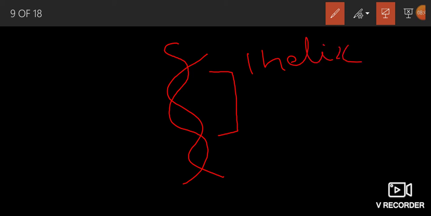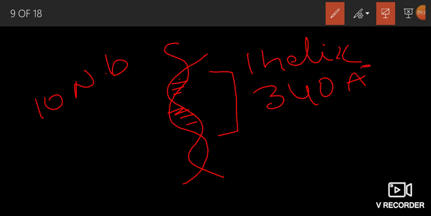This is the DNA helical structure. This is one helix. So each helix contains 10 nitrogen bases. The distance of one helix is 340 angstroms.